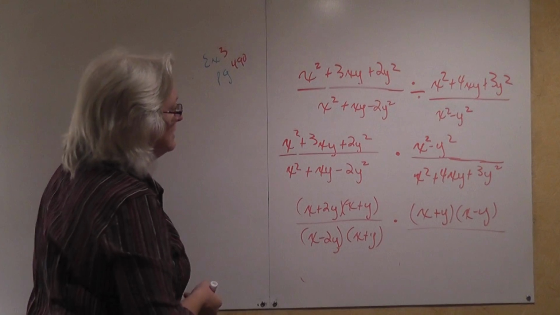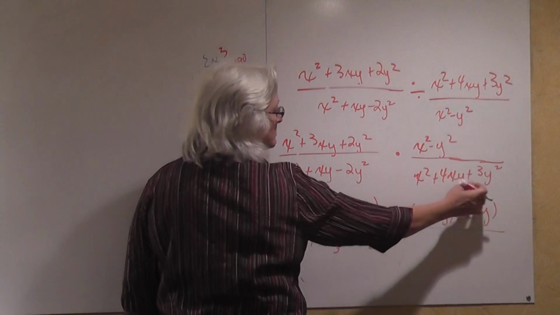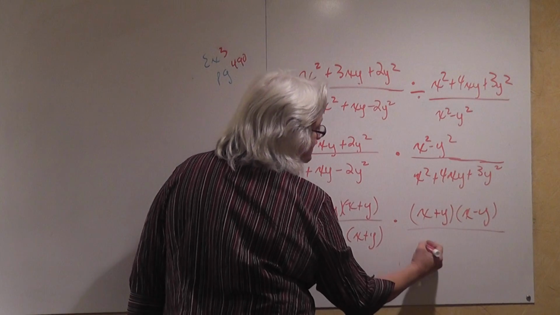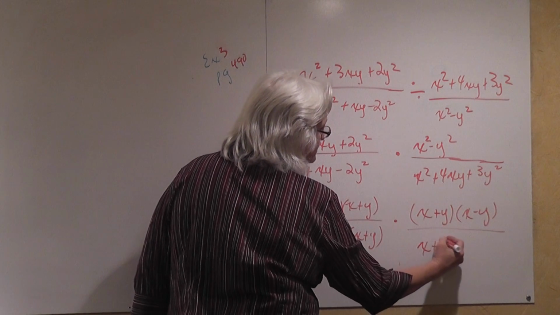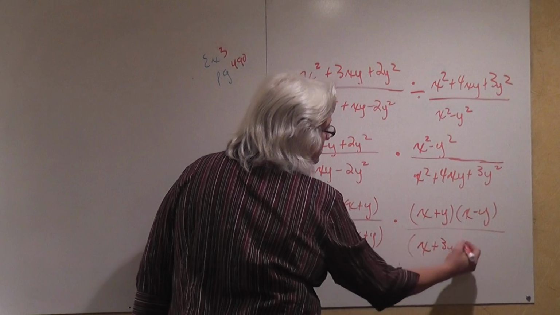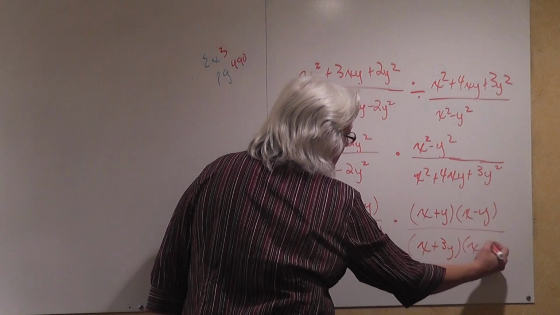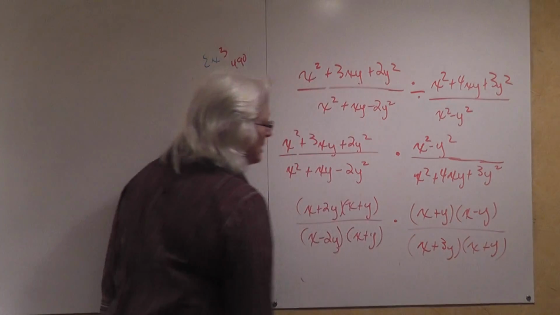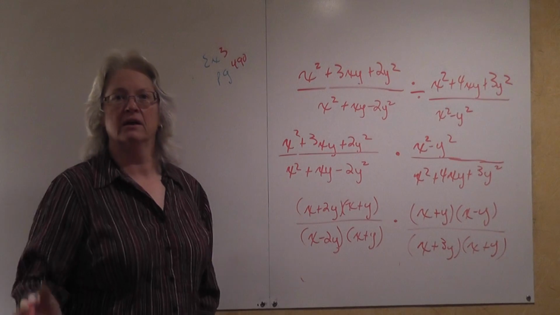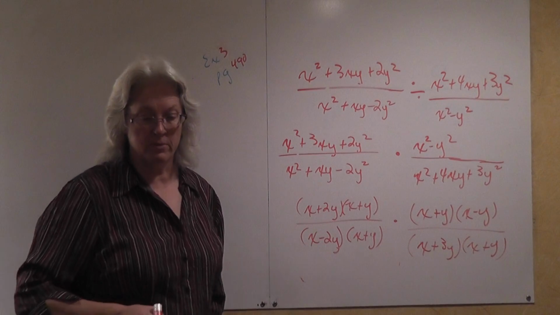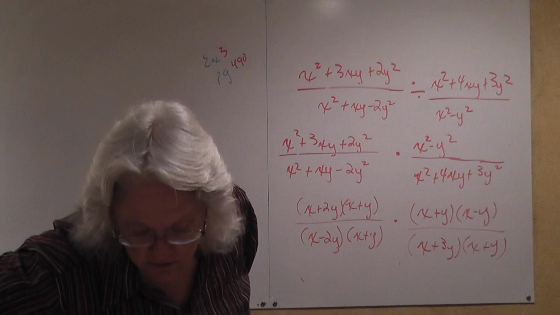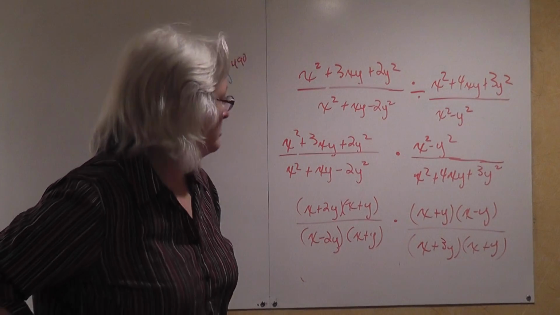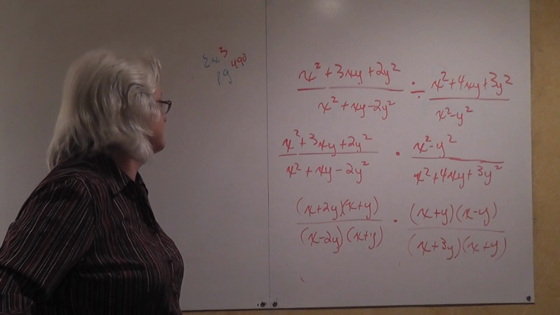Now we're going to factor this. They're both plus again. This becomes x plus 3y times x plus y. Okay, let's go through this and see what common factors we have that we can cancel. And let me make sure that I'm going to be happy with what I see.